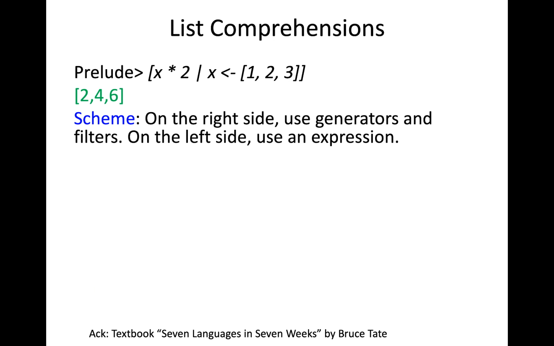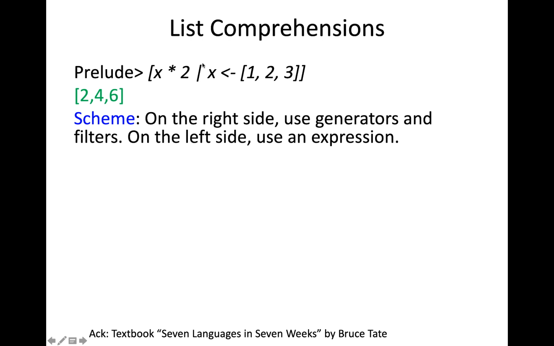Another way to compose a list is called list comprehension, and here is an example. So the right hand side is called generator. So X is getting generated from this list 1, 2, 3. So X can take the value of the first item, then the second item, then the third item in sequence.